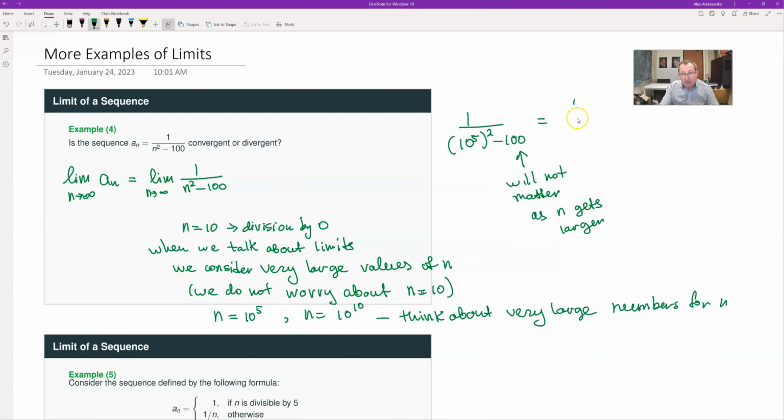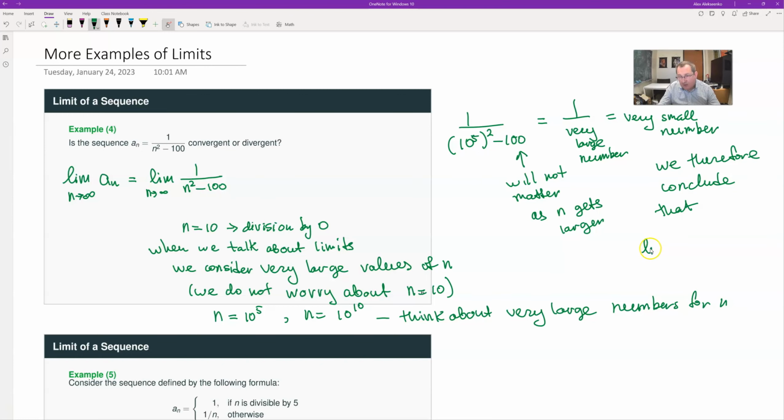So we will still have division of 1 by very large number. And that gives us very small number. We conclude that limit of an as n goes to infinity equals 0. And we'll put it over here.